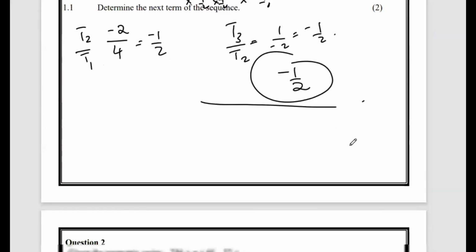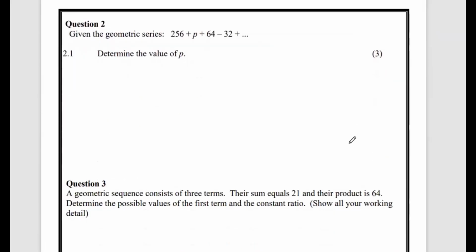All right, then question number 2. Given the geometric sequence again, we have 256, P, 64, minus 32 and so on. So this is a term on its own, this is a term, that is a term, and that is also a term. They want us to get the value of P. So since it's geometric, we apply the rule of the ratios.